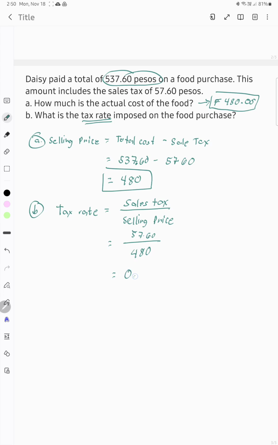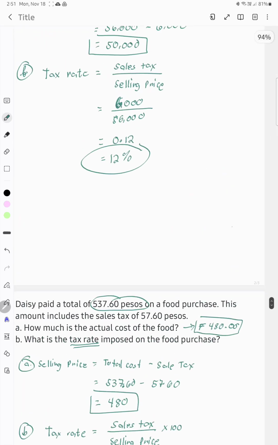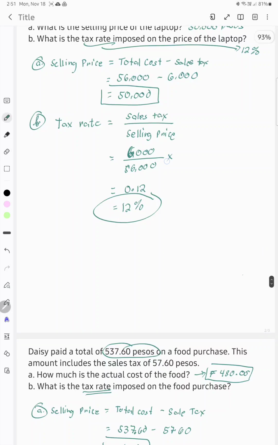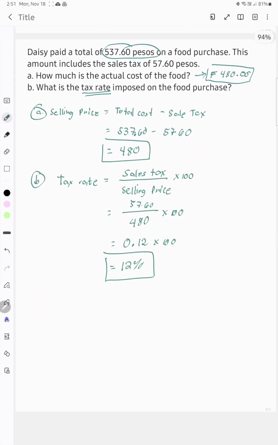In decimal, that would be approximately 0.12. Then we multiply that by 100. I forgot that you need to multiply that by 100, so that you'll have the rate, which is 12%. I forgot as well to say that you need to multiply it by 100 so that it's much clearer, especially for beginners.